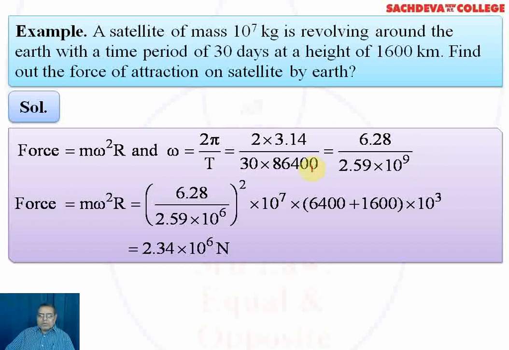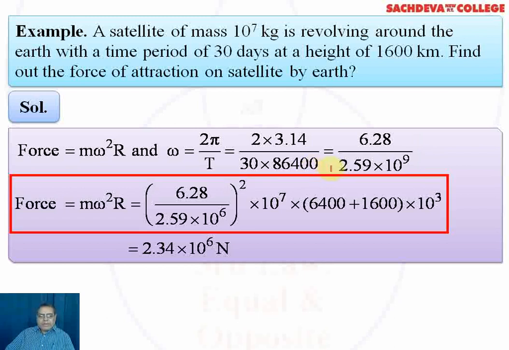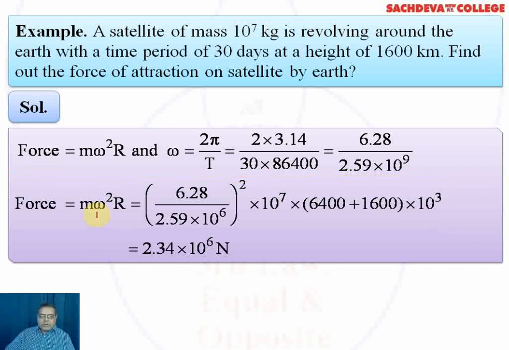After calculating this value, we again write force equals m omega square r. Now we put in the value of omega square as calculated earlier, and for r we compute 6400 plus 1600 multiplied by 1000. So the force calculated is 2.34 times 10 to the power 6 newtons.